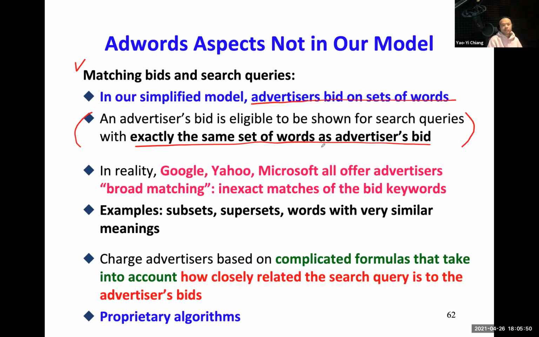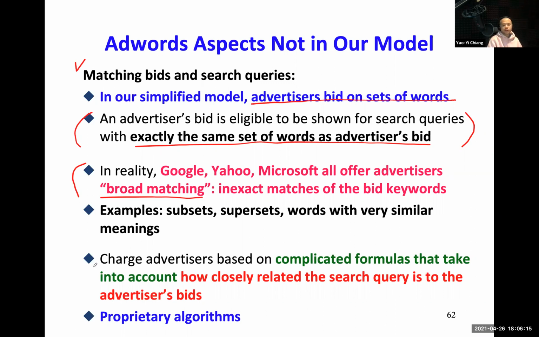But in reality, all these search engines offer broad matches. So woman's hat versus lady's hat, right? So this creates one more complication, because now what if the match is 0.6 versus a match of 0.8? Which one do you want to show? That might affect the click-through rate as well.